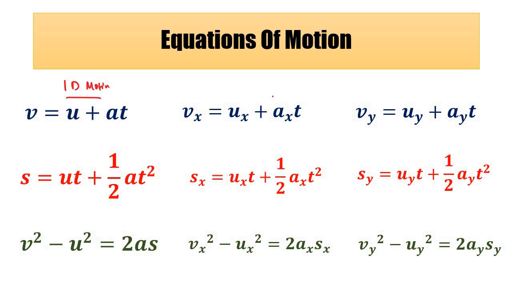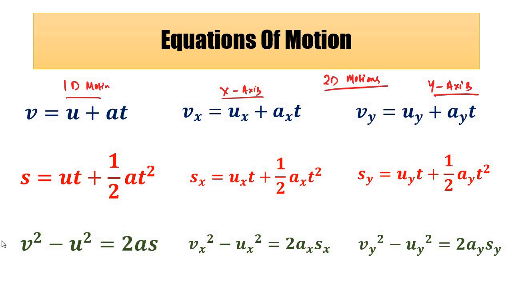The same equations are applied in two-dimensional motion to their respective axis components. This is for the x-axis, where we have all the x subscripts, and this is along the y-axis, where we have all the parameters as their y components. This is clear. We have discussed it in the previous video also, basic concepts related to projectile motion.